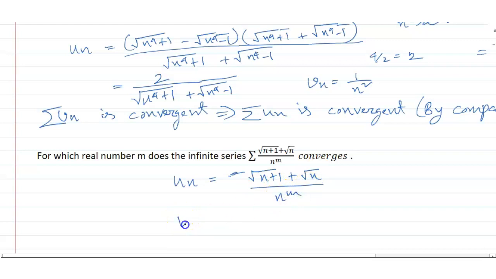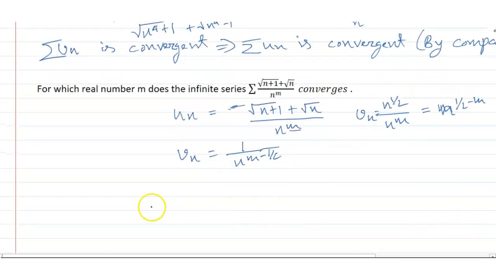So whatever Vn value I choose, this is my m, and root n is n to the power half divided by n to the power m. That means Vn value is n to the power half minus m. So it can be written 1 by n to the power m minus half.